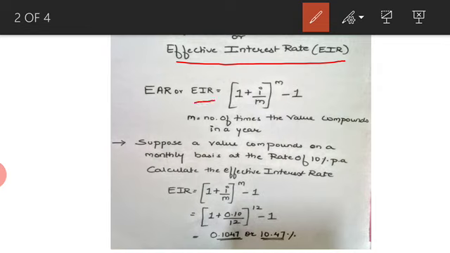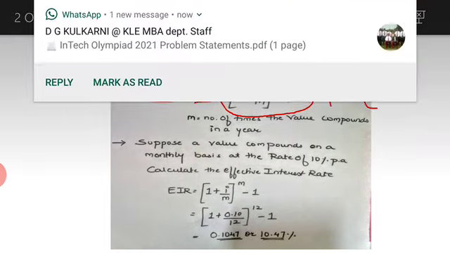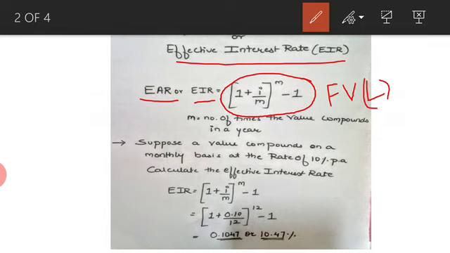The formula for effective interest rate is like your future value of lump sum formula. The only difference is that here we are not considering PV, the present value. We are directly taking 1 plus i divided by m, raised to m. We are not even considering n because n is considered as 1 itself.